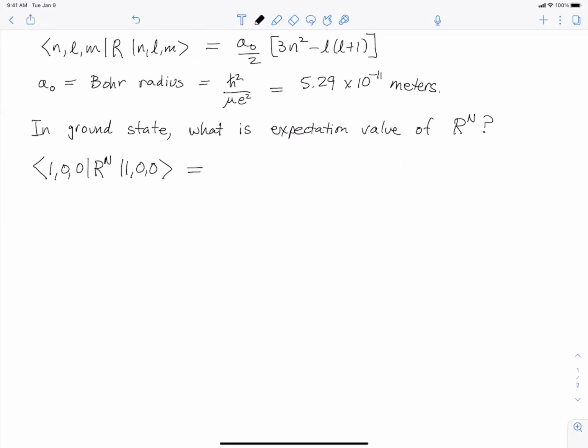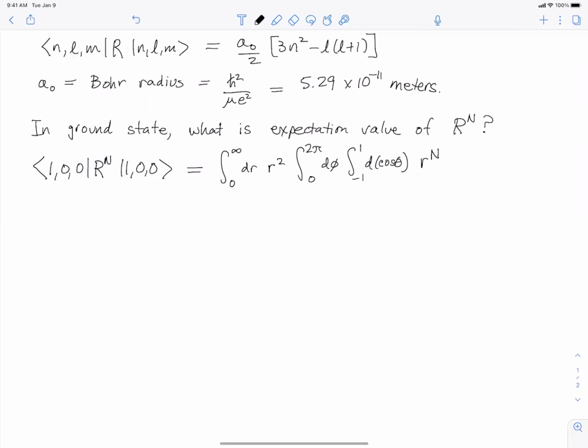Okay, and we're going to be working in the position representation. So we're using completeness in position to write this as an integral over r and an integral over phi and an integral over cosine theta. And the thing we're taking the expectation value of is r to the nth power.